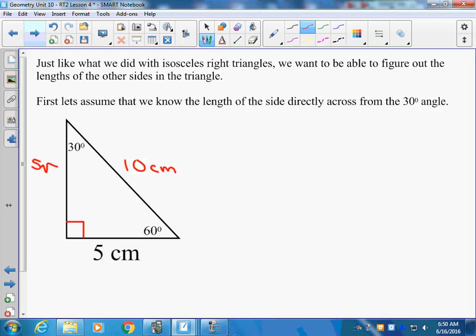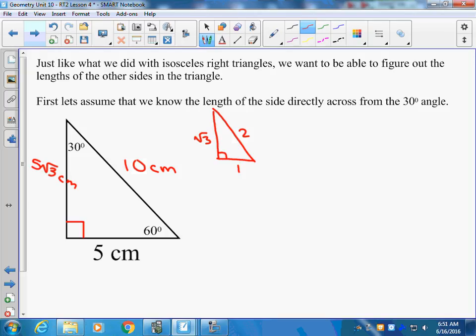So we have 5 square root of 3 centimeters. Now, once again, this is a memorization skill, so if you're not quite there every time, the one thing that you want to do, because it works for any 30, 60, 90 triangle, is build your reference triangle. You could have this in your notes when you're doing your homework. You will want to memorize these reference triangles when you're taking the test and drop those in.